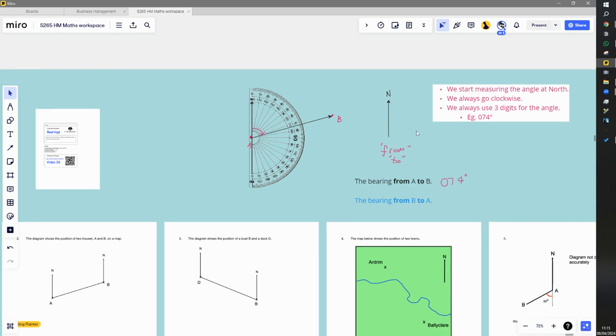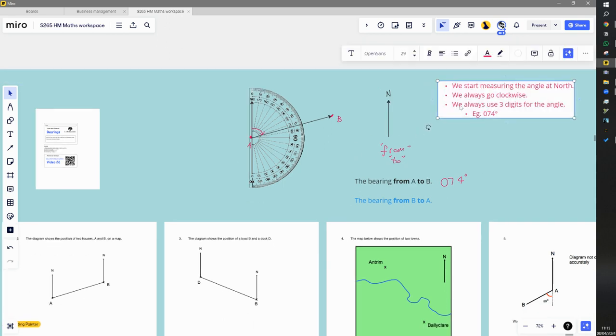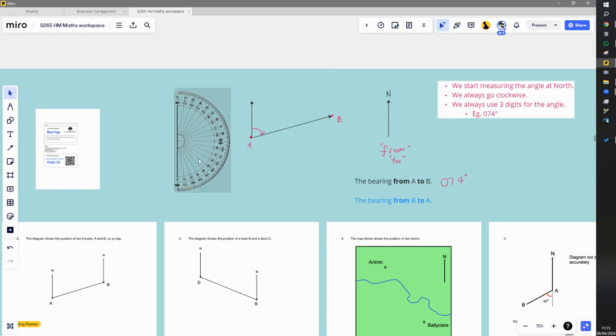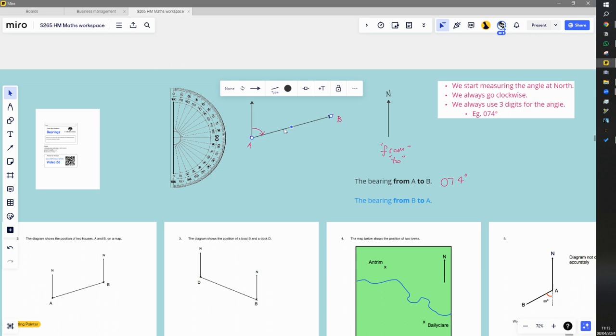So now let's look at the other way round. For part B, we're now doing it from B to A. So let's get rid of that. And we're going to move the North Pole, because now we're going from B. And we also want to flip this arrow around.